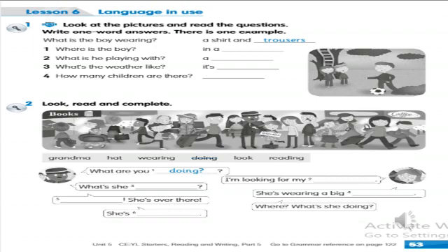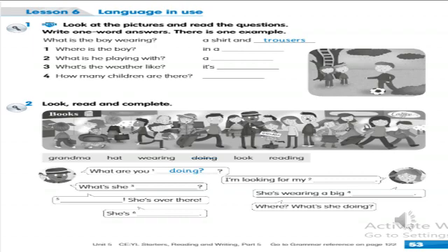Look at the picture and try to find her grandma. So, her grandma, we are going to search for a woman, an old woman. She's wearing a big hat.